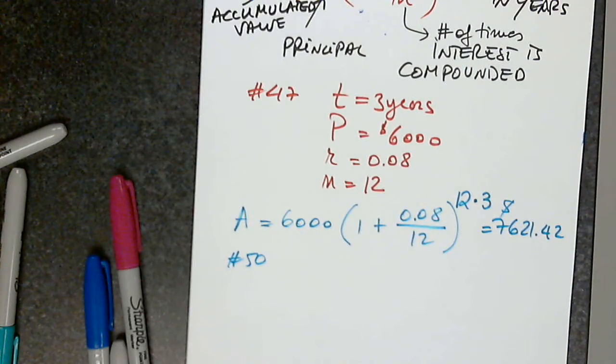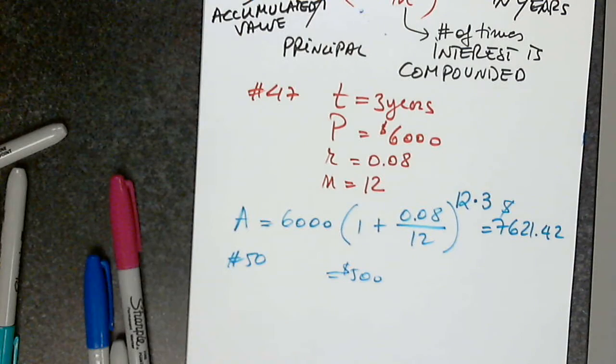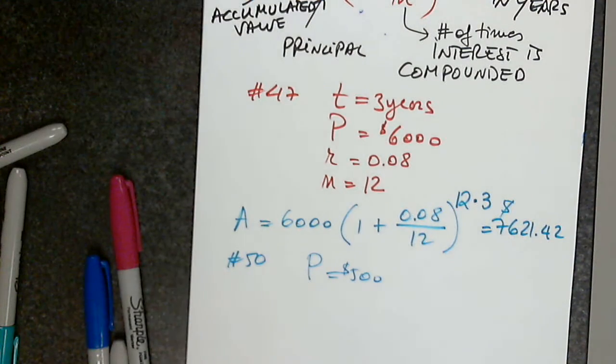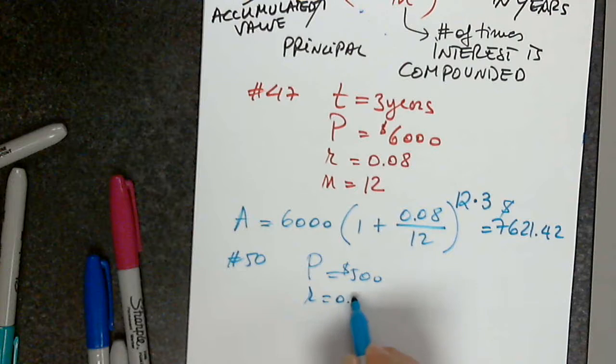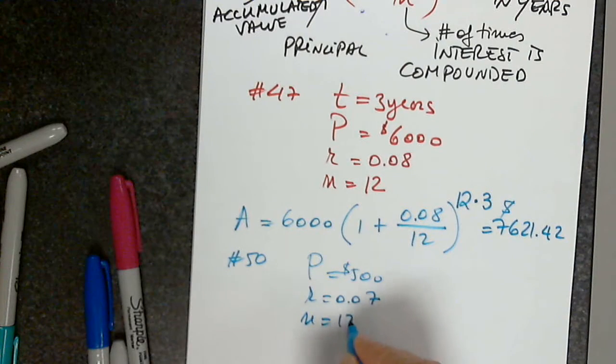Find the amount accrued. If 500, what does 500 represent? It is invested, of course, and earned 7% per year, or 0.07, compounded monthly again, and for 4 years.